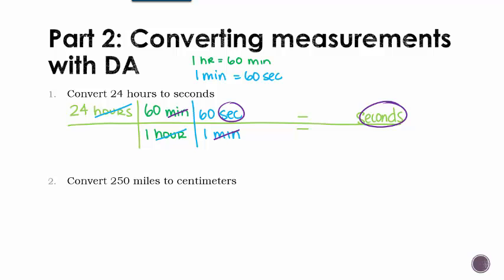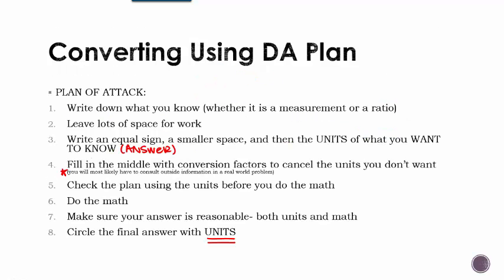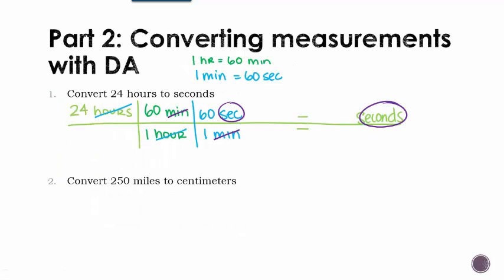So we know that we're done with this part, fill in the middle with conversion factors. So check it before we do the math, and then do the math. The thing that you're checking is that everything crosses off that you want it to, and that you're left with the units that you want. Now the math says multiply the top, multiply the bottom, and then simplify.